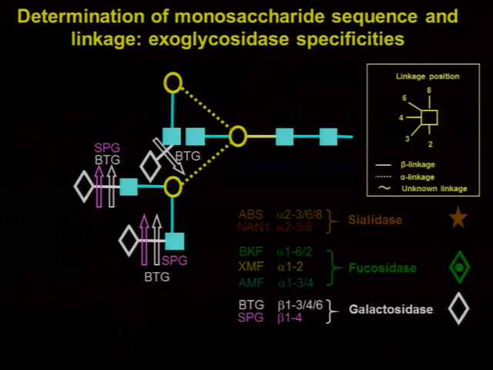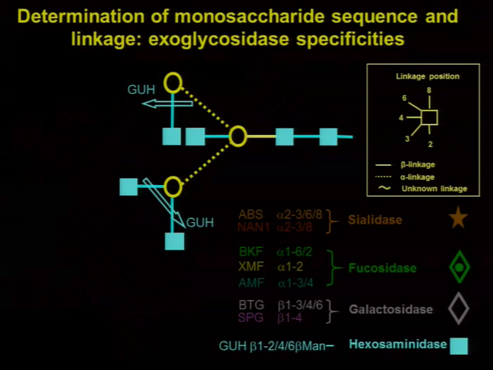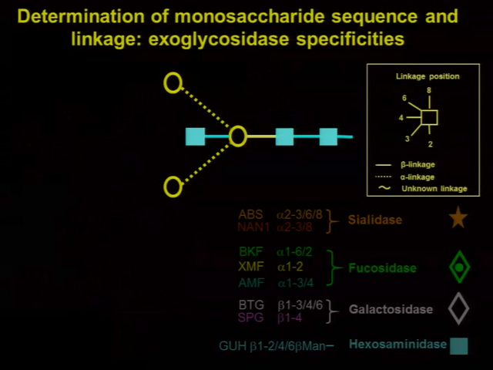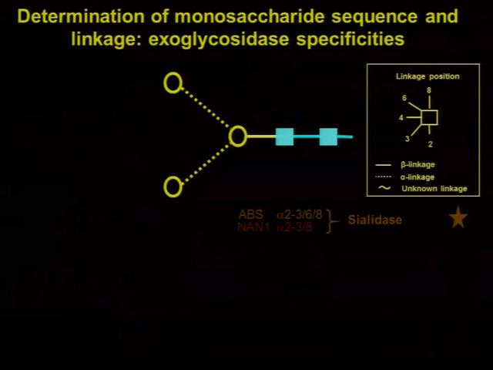So that's how you know you've got the 4 linkage. And having got rid of the galactoses, you then use a glucosaminidase to take off these N-acetylglucosamine residues, and you also will eventually be able to take off this bisect, although that's often quite difficult to remove. So when you've done all that, you end up with this trimannosyl core.